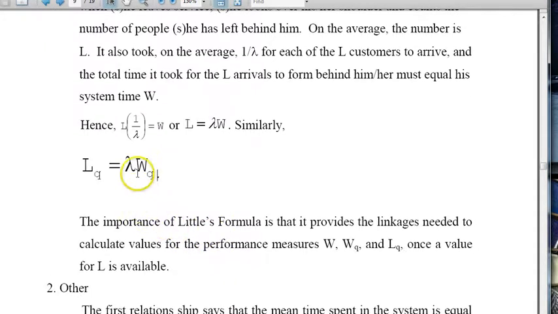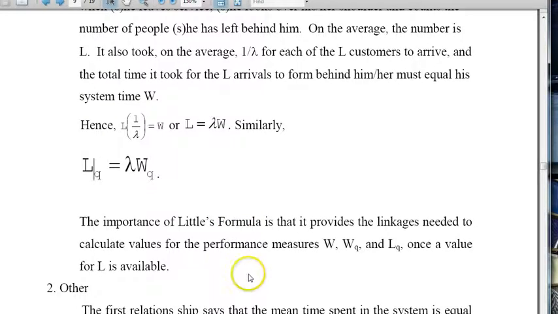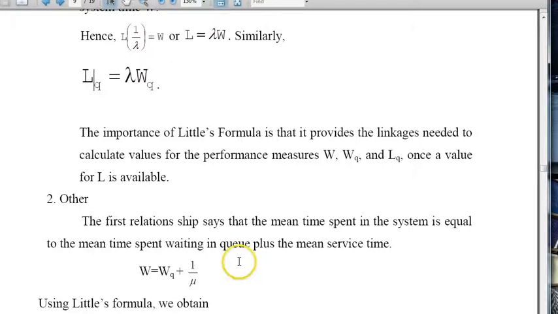The importance of this is, if I know Lq or L, I can find Wq or W. If I know Wq, I can find Lq. So regardless of what the system is, it's very general. It applies to all queues regardless. So it's a very useful model.